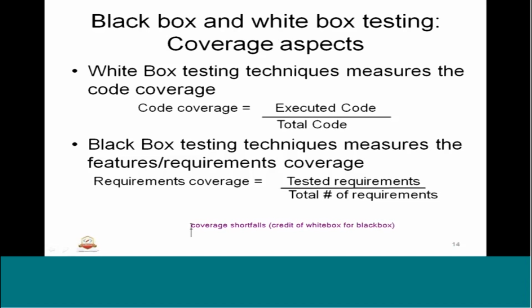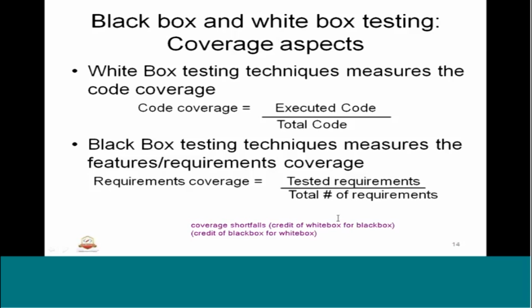Similarly, credit of black box for white box. That means that some of the requirements which I cannot cover in black box, I would have covered with the execution of that particular functionality. So I would say I have covered it in terms of error-free code, so that it doesn't harm. But it's suggested not to do this.